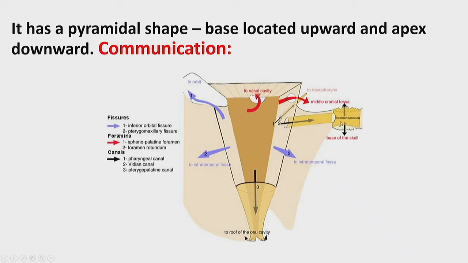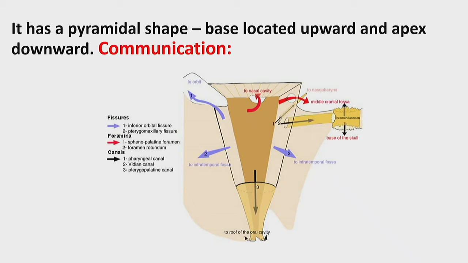Go to the nasopharynx through the palatovaginal canal, so going back again to the pterygopalatine fossa. Oh my God, what to do? Then you look at the lateral wall. There is no wall. It's the pterygomaxillary fissure, which is communicating with the infratemporal fossa.